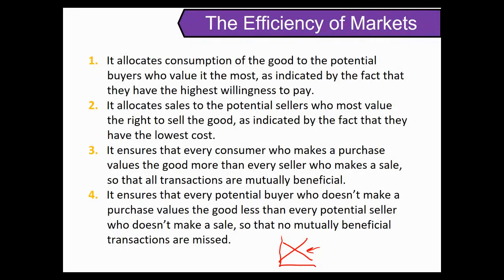And we also want to allocate the sales to the potential sellers at their highest price. So when we put equilibrium together, it's this voluntary exchange where we are practicing the idea of efficiency. And that's the goal, to have efficiency.